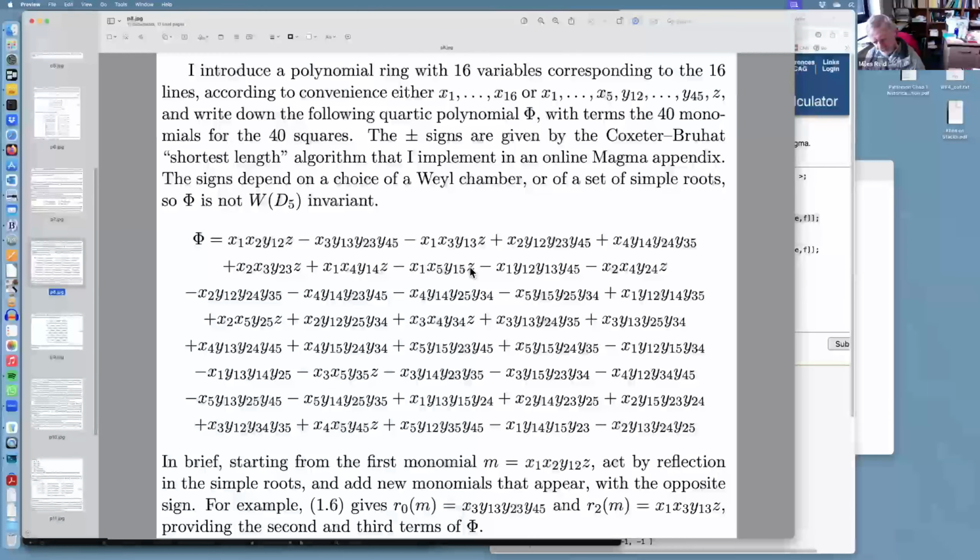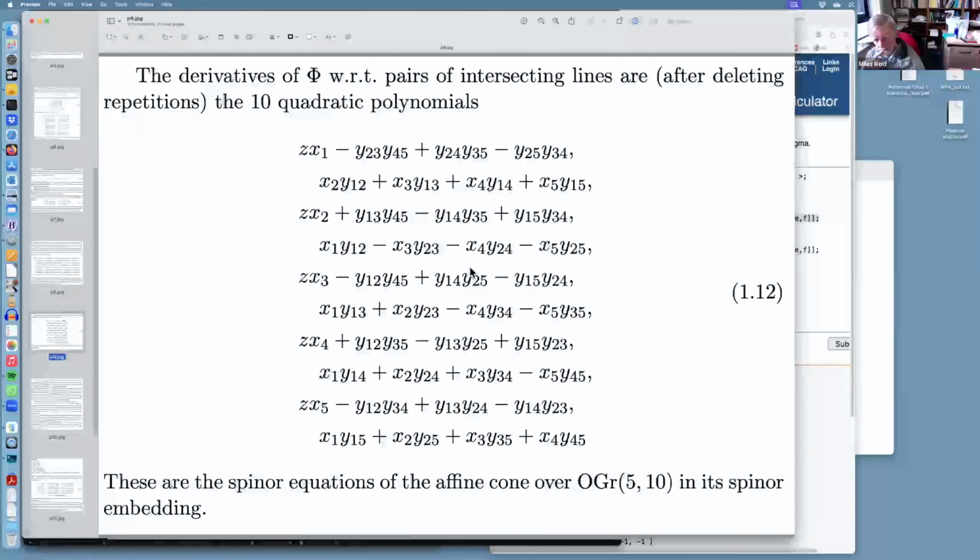And then I'm just writing those down and dividing it through by x1 z. Yes? So, I get these 10 beautiful equations.